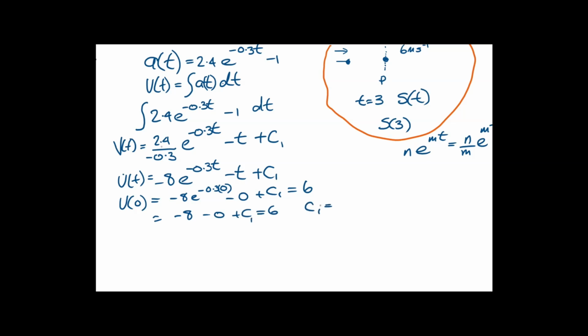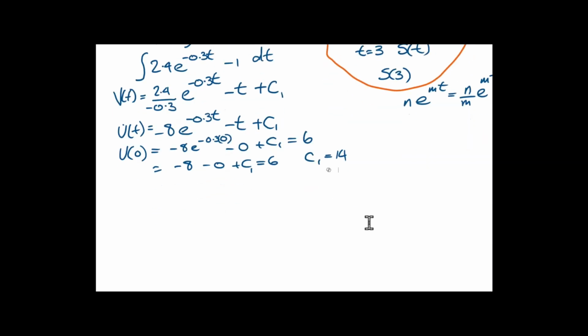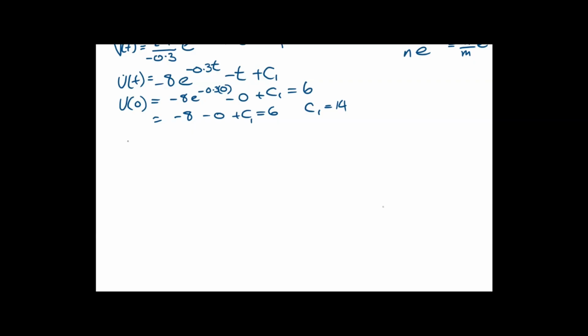Therefore c1 must be equal to 6 plus 8, which is 14. So now we have the full velocity: minus 8 e to the minus 0.3 t minus t plus 14.